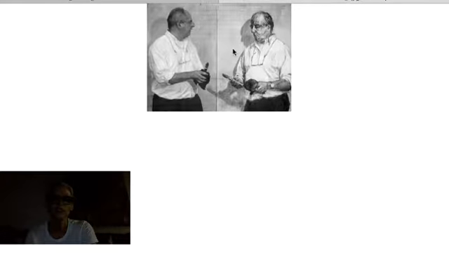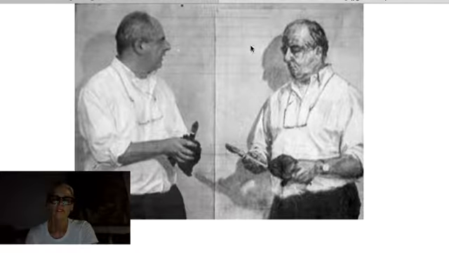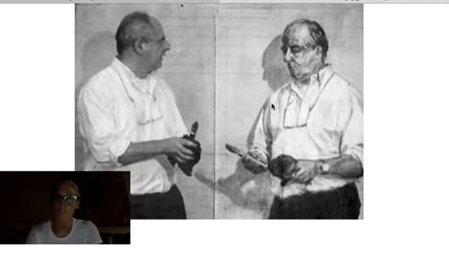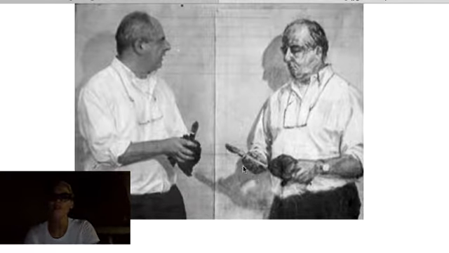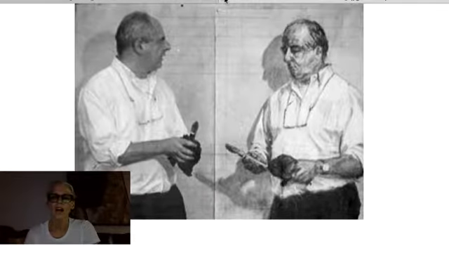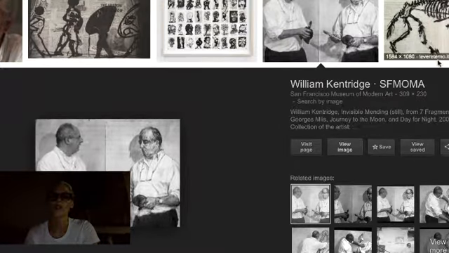And he often uses himself as a model. But my student's artwork, the way he draws in this sketchy, free way, really reminded me of William Kentridge's work.